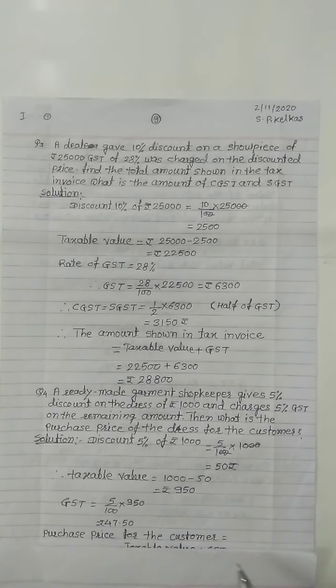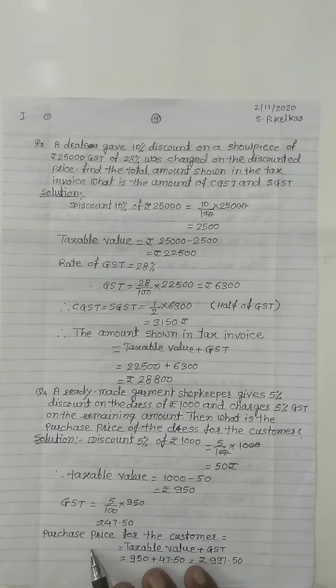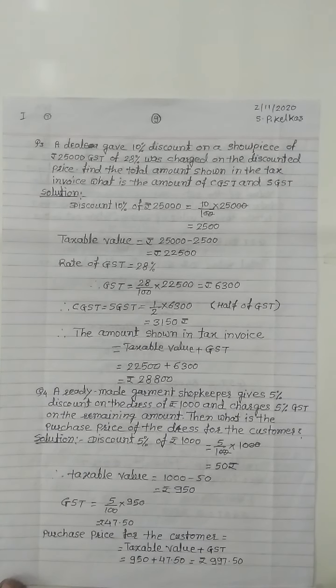Purchase price for the customer equal to the taxable value plus GST. 950 plus 47.50 equal to 997.50. In this way we find out the purchase price for the customer.